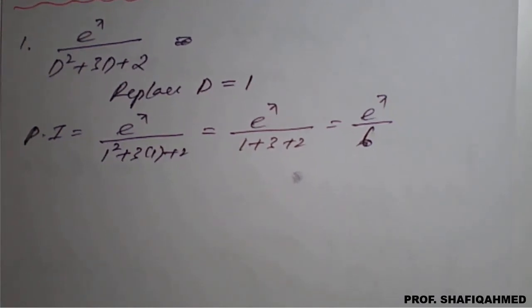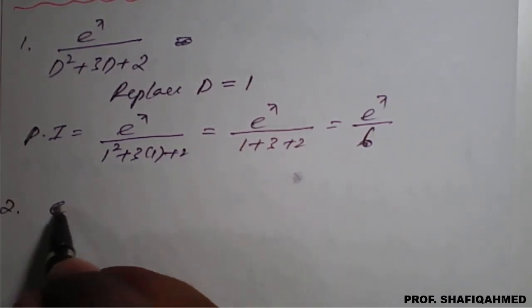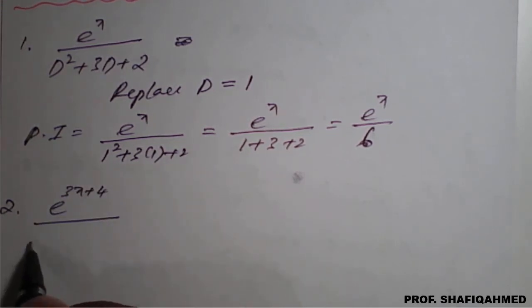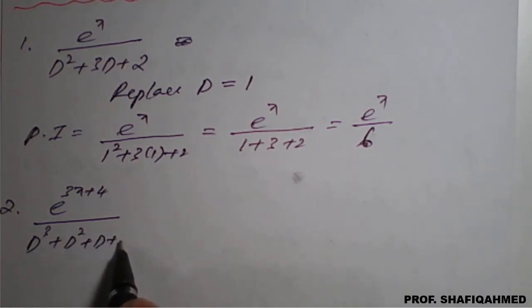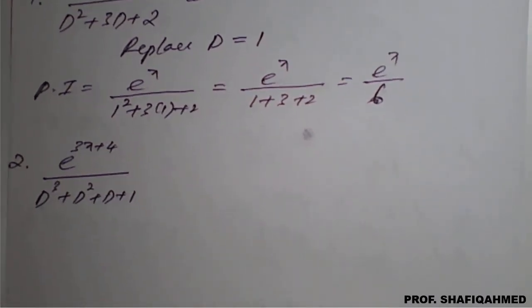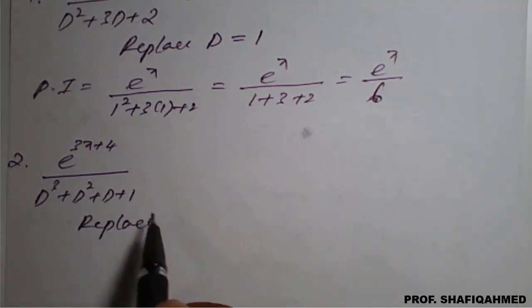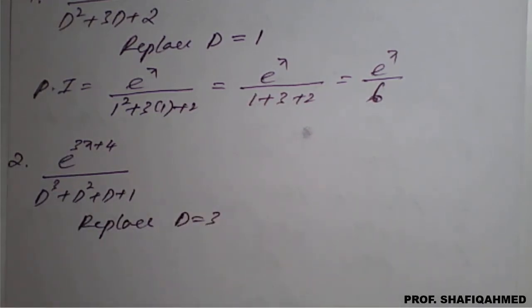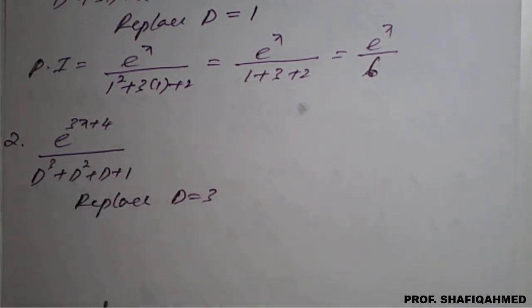Similarly, one more example I will show here: e raised to 3x plus 4 divided by d cube plus d square plus d plus 1. Here the coefficient of x is 3, so replace d equal to 3. Don't worry about what the 4 is, just replace the coefficient of x.